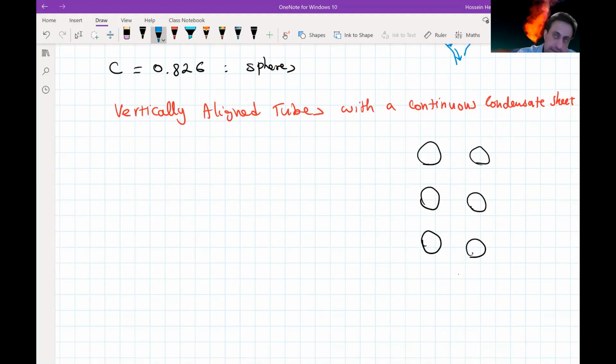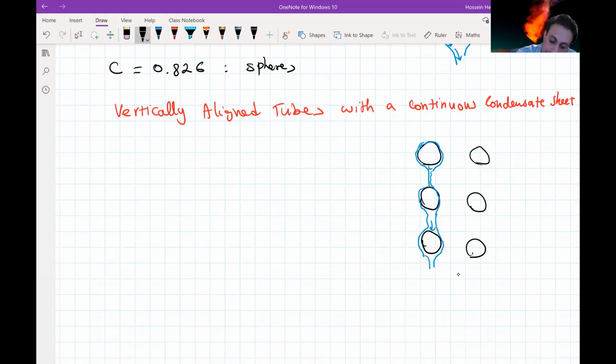Then the condensation builds up here, and this condensate just goes to the next tube and keeps adding up. That happens for all of these tubes.